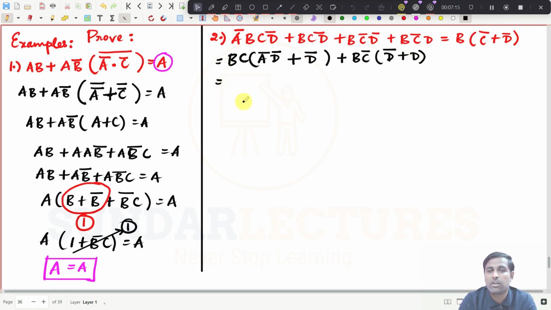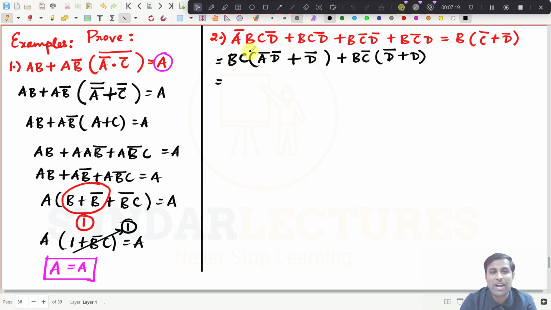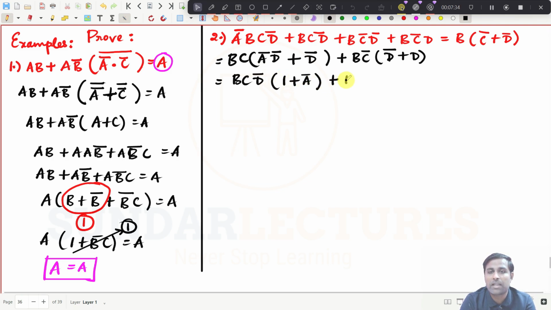So what you will do now, maybe I would have taken BC D bar commonly outside. Anyhow, D bar is the common term, so it is BC D bar. Take D bar commonly outside, you will get 1 plus A bar, and then plus BC bar.